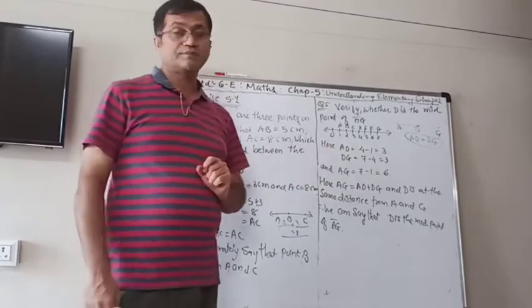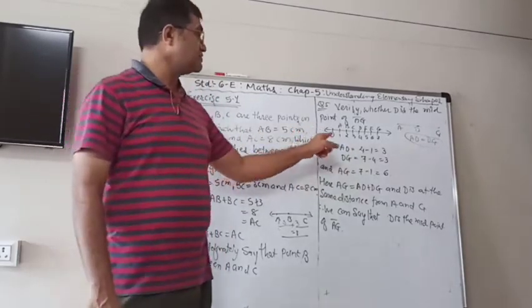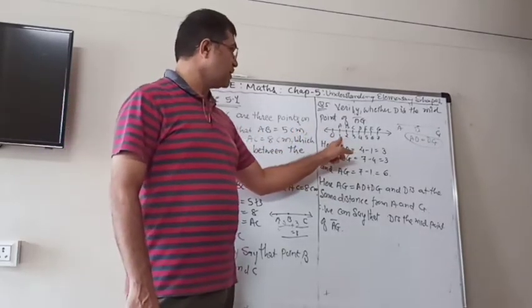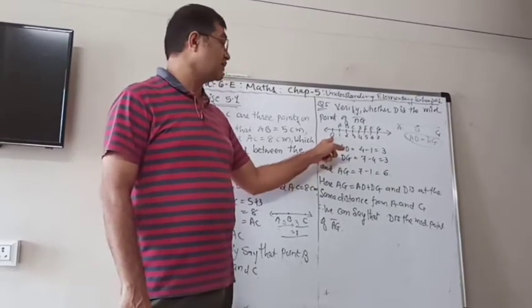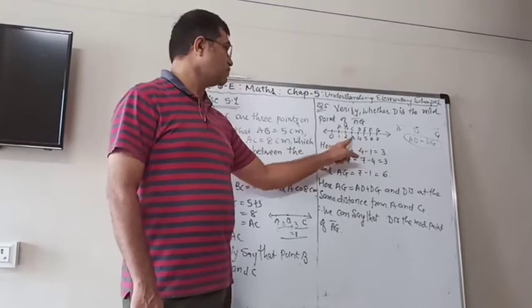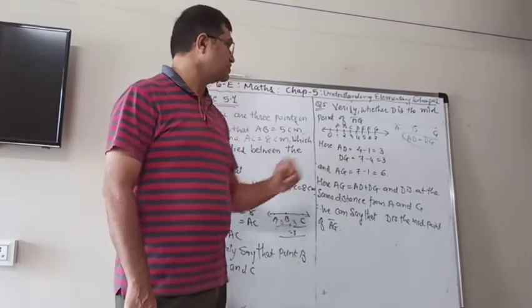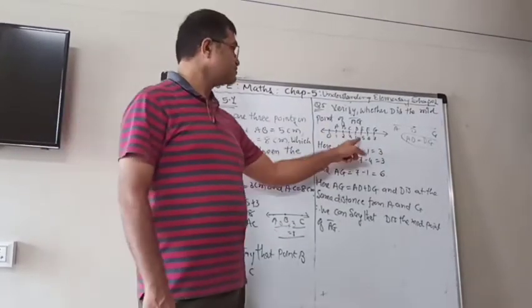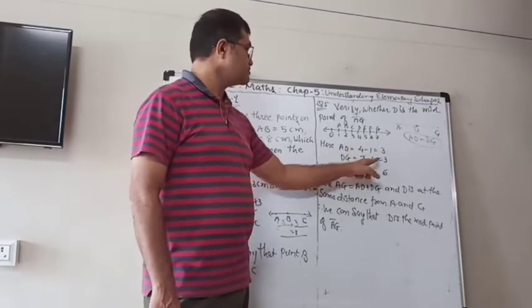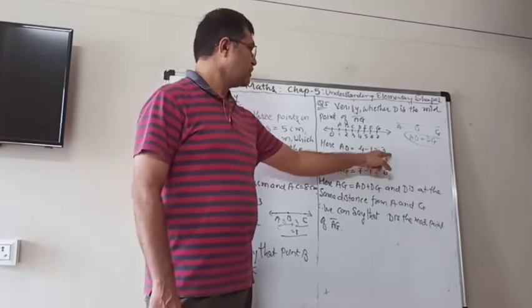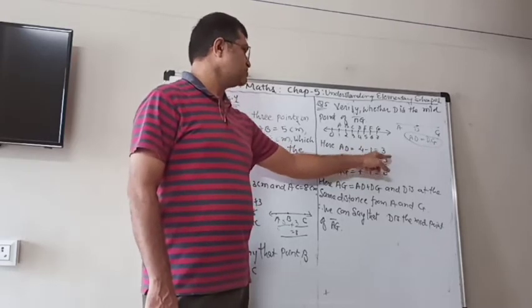Here, what is AD? You know that A is at 1, it does not start from 0, so we cannot directly write it down. AD is equal to 4 minus 1, and that is 3. And DG is 7 minus 4, so the length of DG is 3. You can see that both distances are equal.